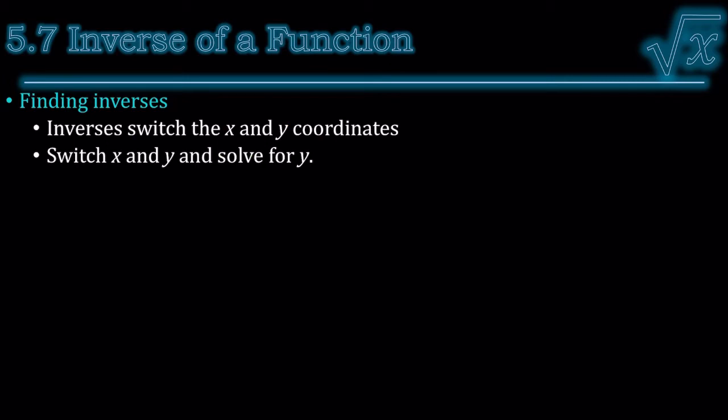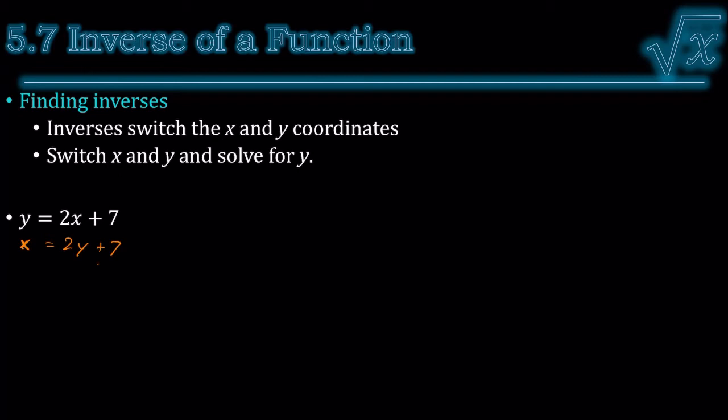Finding inverses. To find inverses, switch the x and y coordinates. So what we're going to do is switch the x and y and solve for y. For example, we have this. The y will become x, and the x will become y. Now just solve for y.